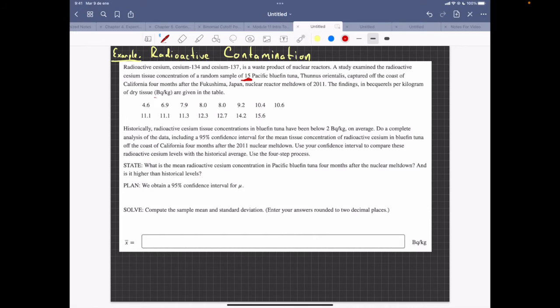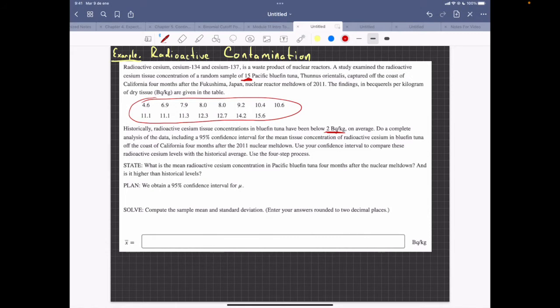And there you have the raw data. It says historically, radioactive cesium tissue concentrations in bluefin tuna have been below 2 becquerels per kilogram on average.